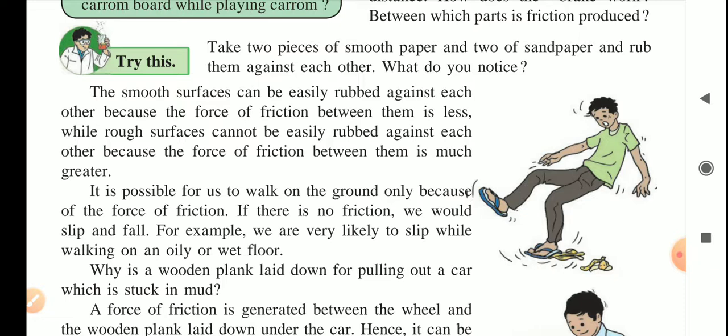Because of the force of friction, we can walk on the ground. If the surfaces are wet or oily, we are likely to slip while walking on those surfaces.